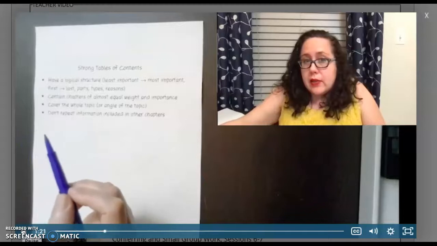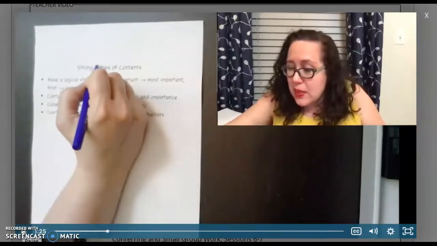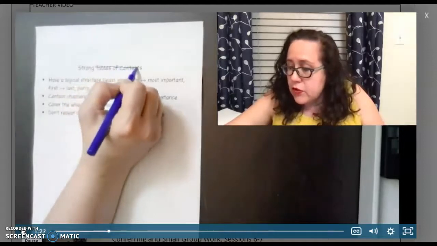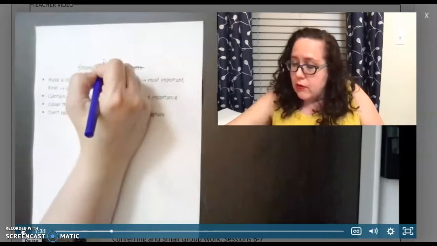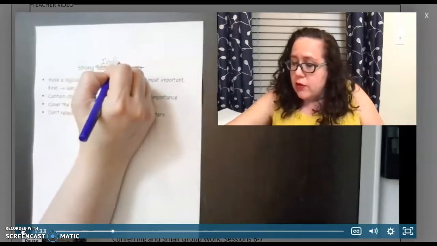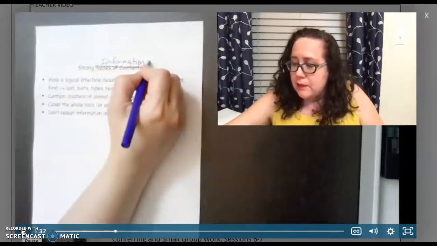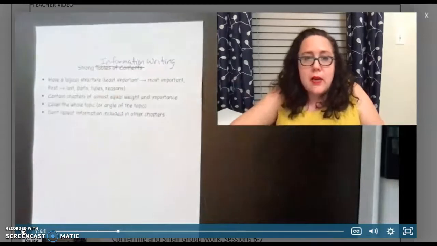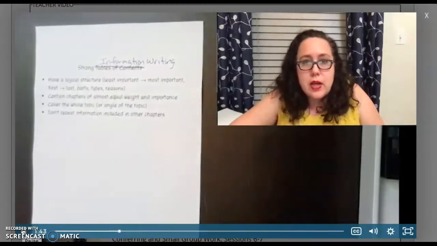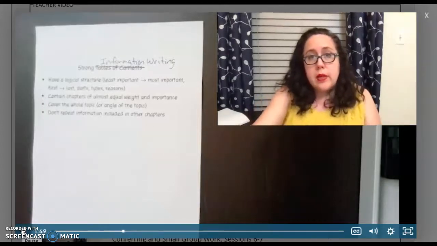But here's the key. The same exact tips for strong table of contents could also be for strong information writing. Everything we see in how to organize our strong table of contents also is true for each of the chapters that we're going to be writing in our books.